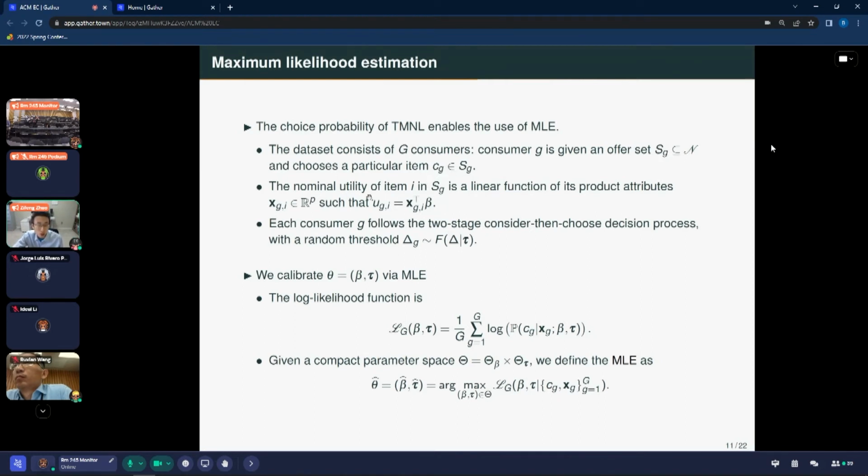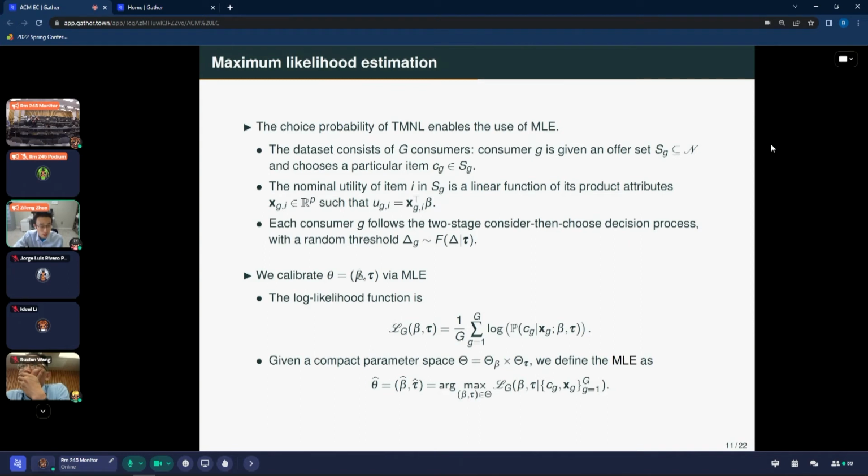We assume that the nominal utility of item I in this offer set SG is a linear combination of the characteristics of the product attributes, so we have a beta parameter to be estimated. We also assume each consumer has a random threshold delta G, sampled from this threshold distribution f delta tau.